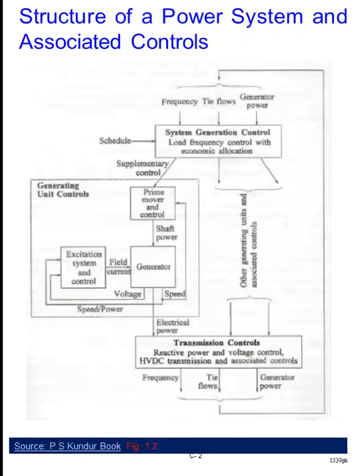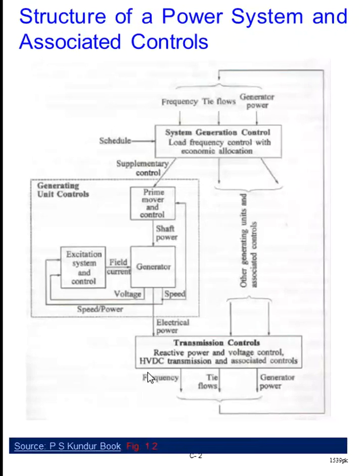In fact, this supplementary control is between two power plants. You have one power plant and then another power plant. Maybe in another figure it will be clearer. The inner loop is in the local power plant, but the supplementary control loop could be between the two power plants.